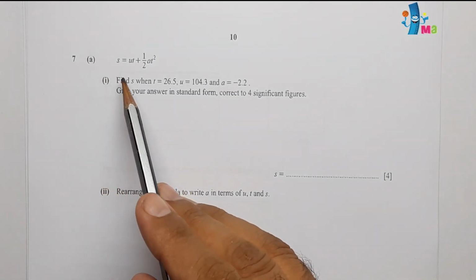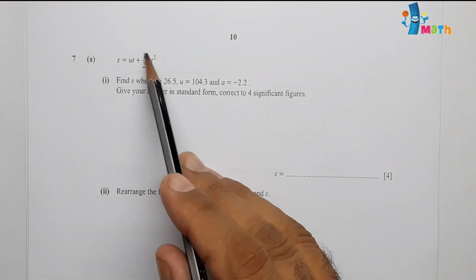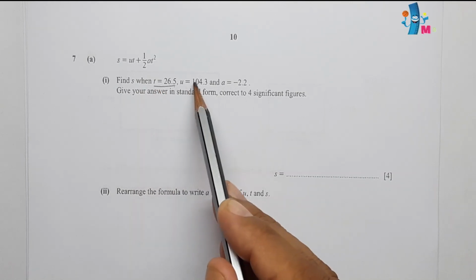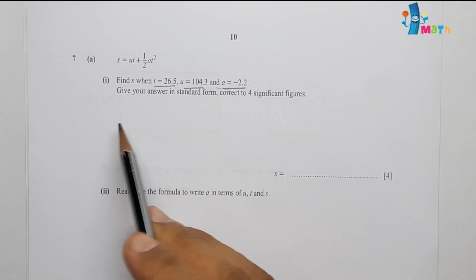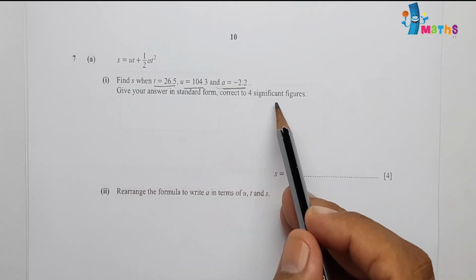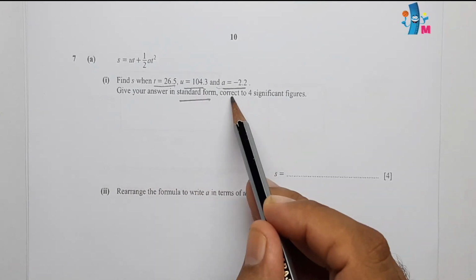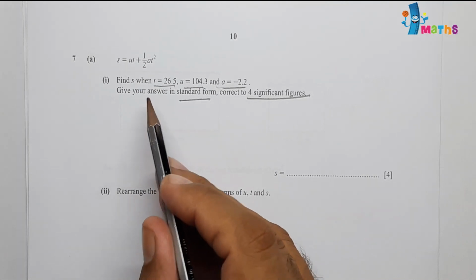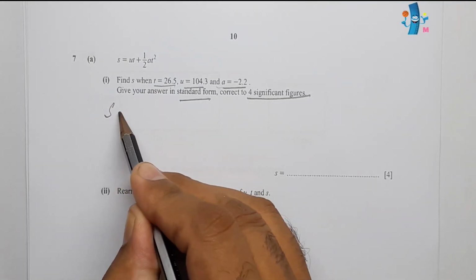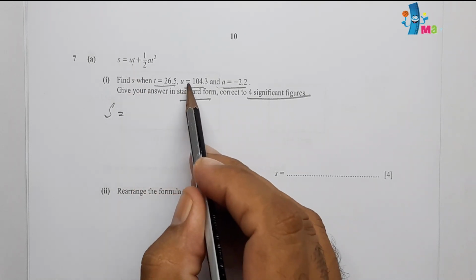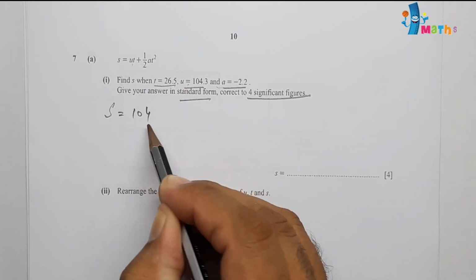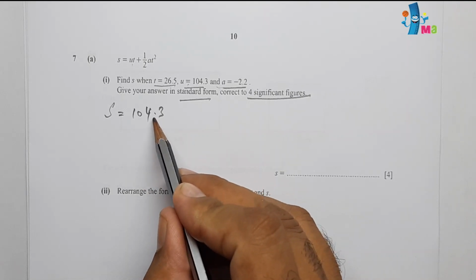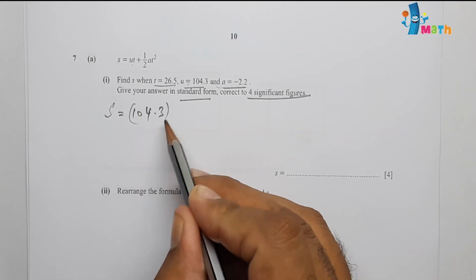Question number 7, part A. S is equal to ut plus half at squared, the equation of motion, is given. Find S when t is equal to this, u is equal to this, a is also given. Give your answer in standard form, correct to 4 significant figures. So if we replace all the values, S will be equal to u, which is 104.3, into t.